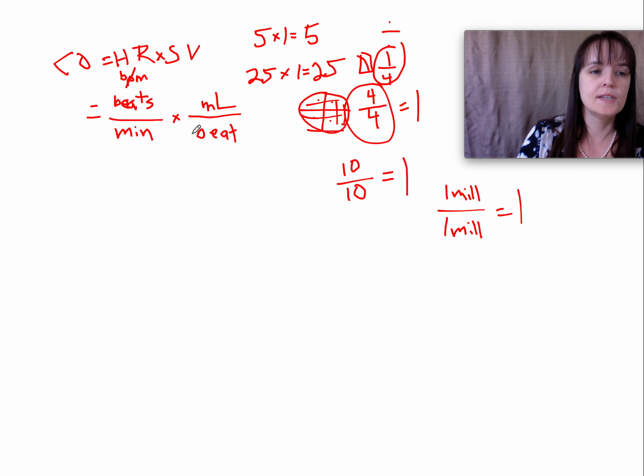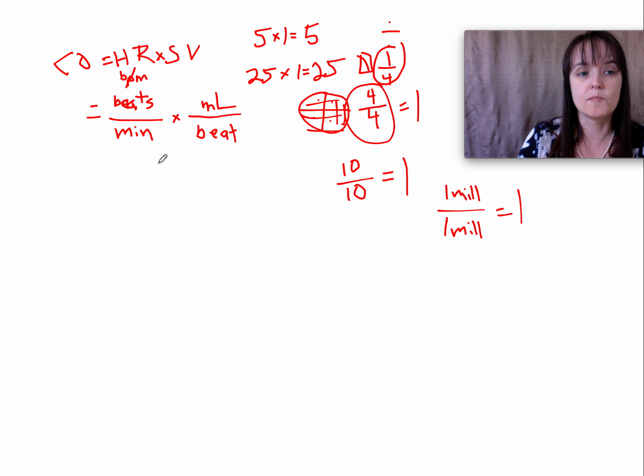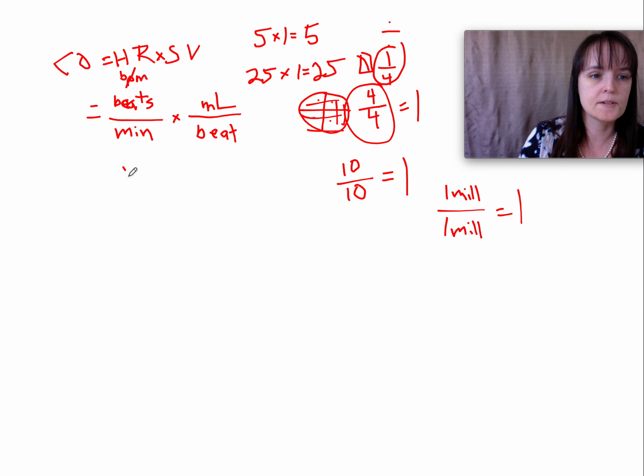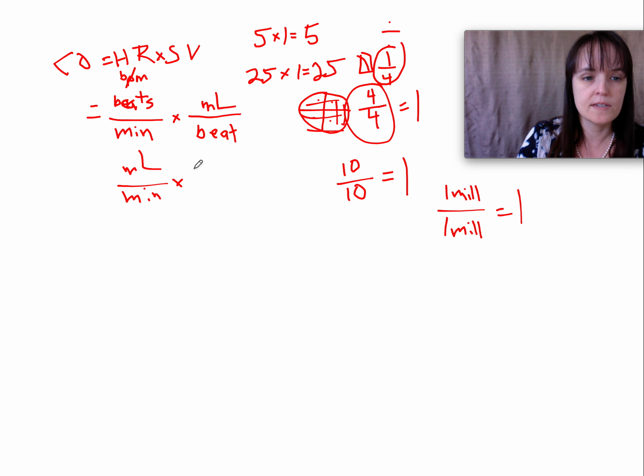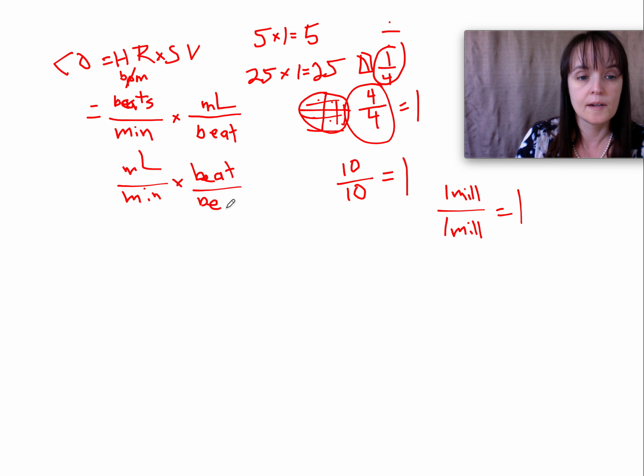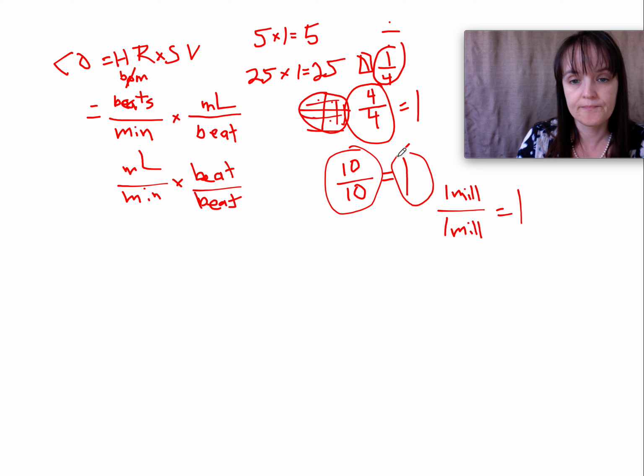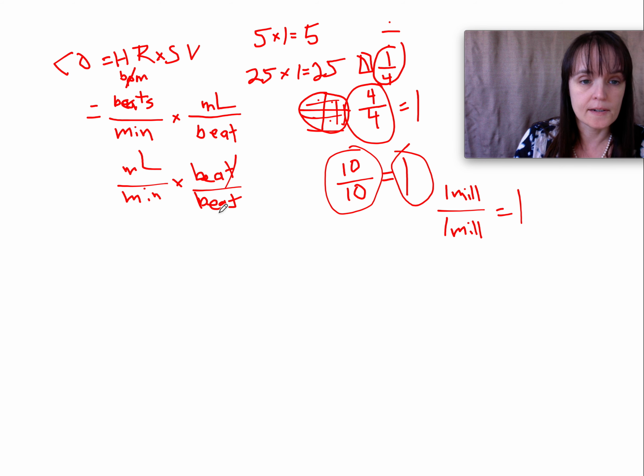Okay, so because we're multiplying, these can be rearranged to milliliters per minute times beat divided by beat. So what's the one thing we know about anything divided by itself? That it equals 1. And we're multiplying here by 1. And what's anything times 1?